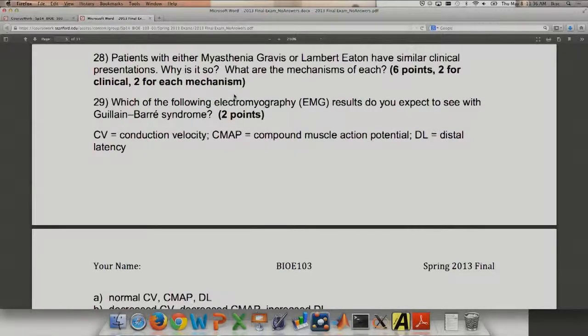Well, I think the easy thing is you look at the synapse, right? And you have this presynaptic bulb, and then you have all these calcium channels, and then you have the postsynaptic thing, and you've got these acetylcholine receptors present here, right? In myasthenia gravis, you've got antibodies that bind these and prevent them from working.